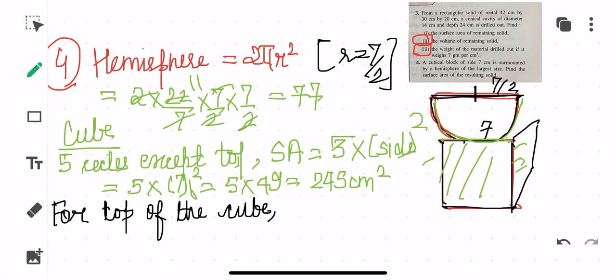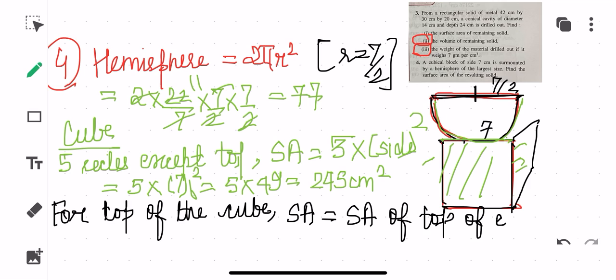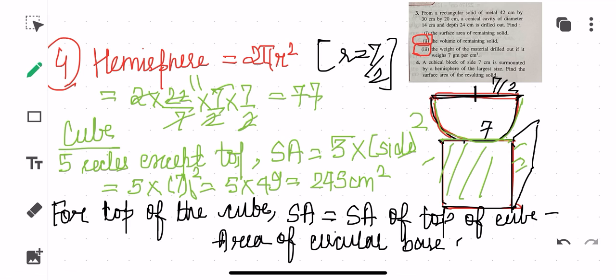Surface area will be equal to the surface area of the top of the cube minus the area of the circular base of the hemisphere.